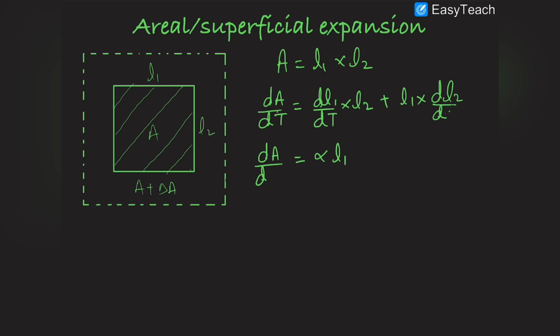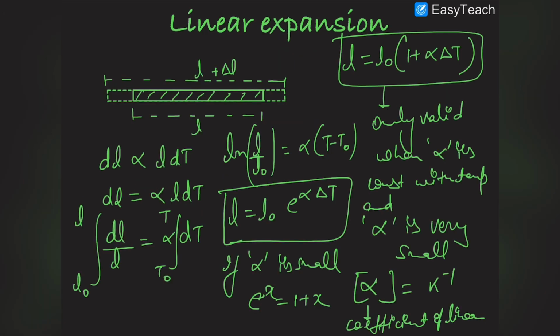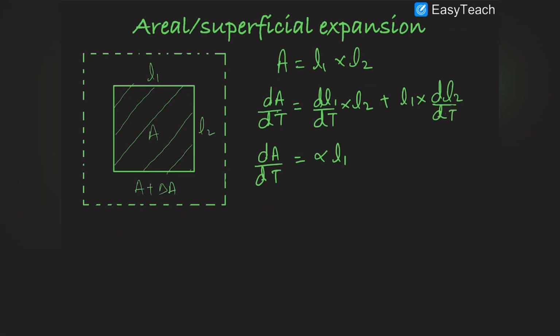You know that dL by dT, which we have already discussed, is alpha L. So this is alpha 1 L1, and alpha 1 is used because I am talking about a solid which has a different linear expansion coefficient in all three directions.